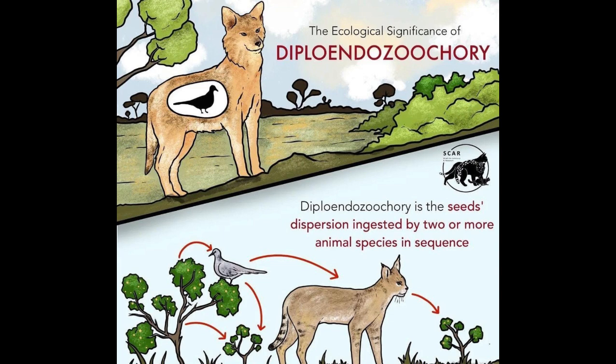A study used video cameras to confirm that birds were the primary seed dispersers. A captive bird feeding trial was used to obtain gut passed seeds for a seedling emergence experiment. The experiment showed that gut passed seeds emerged sooner and at a higher proportion than seeds from whole fruits.